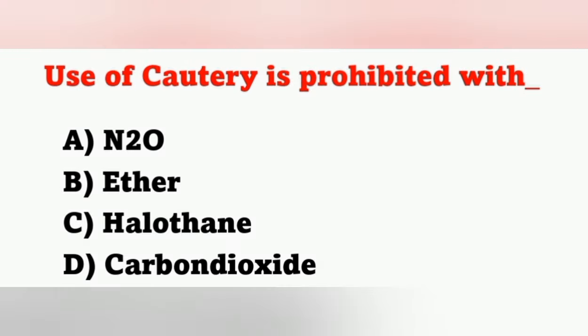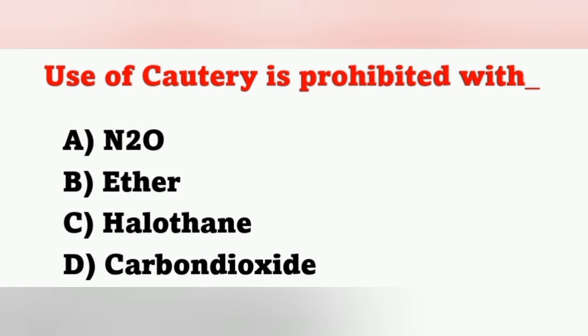And the next question, use of cautery is prohibited with: option A, nitric oxide, option B, ether, option C, halothane, option D, carbon dioxide. Cautery is a device which is used to control bleeding during surgical procedures, and also to cut small tissues during surgical procedures.